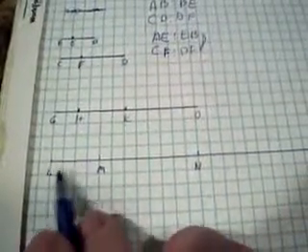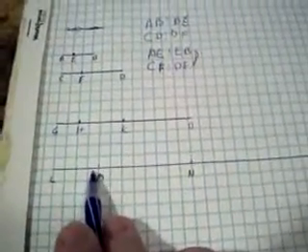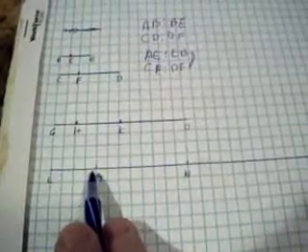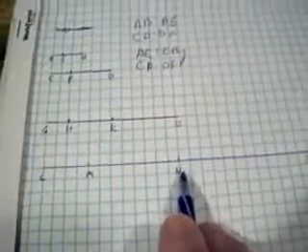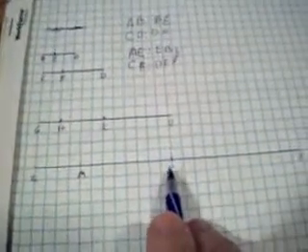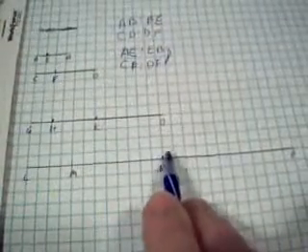Then we're going to make LM twice the size of CF. CF is 1/2 inch, so this is going to be a 1 inch line. And then MN we're going to make twice the size of DF. DF is a 1-inch line, so this is going to be a 2-inch line.